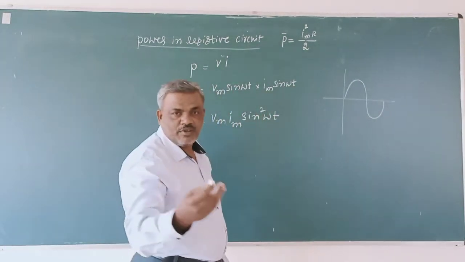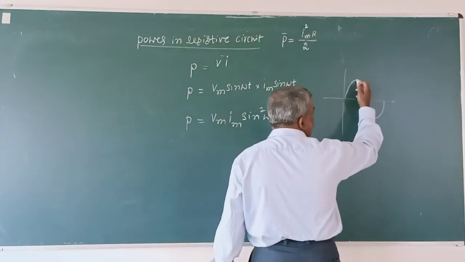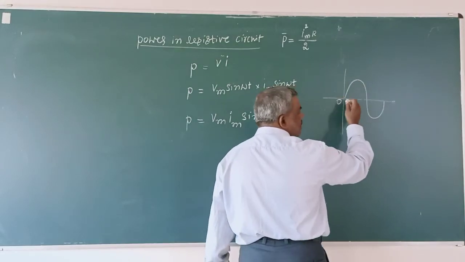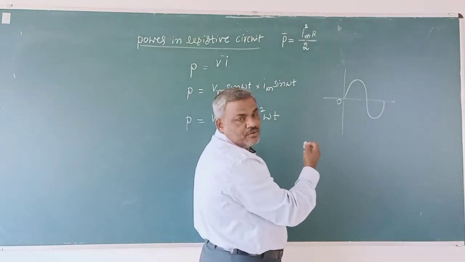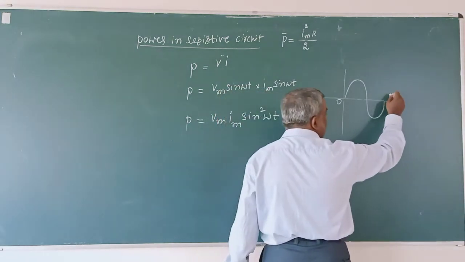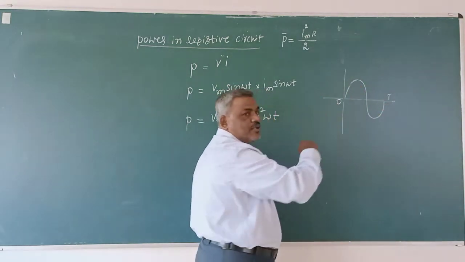The average power over one complete cycle of alternating current. The time taken by AC to complete one cycle is called the period of AC, capital T. How much average power is there?